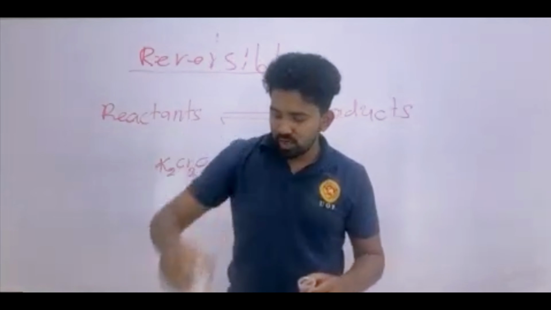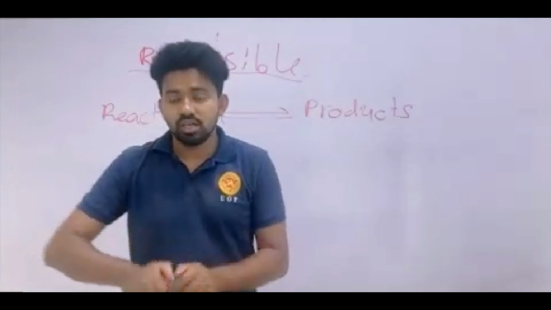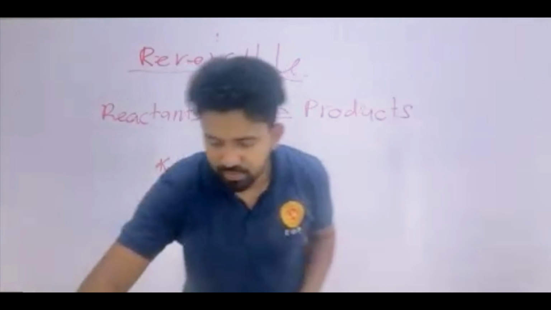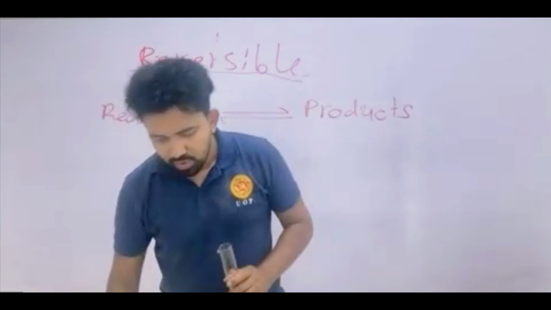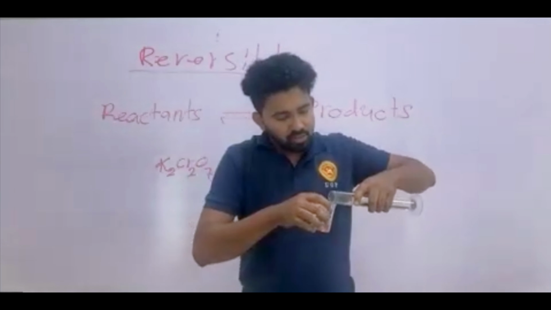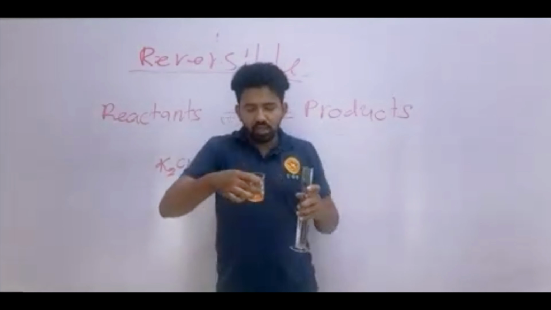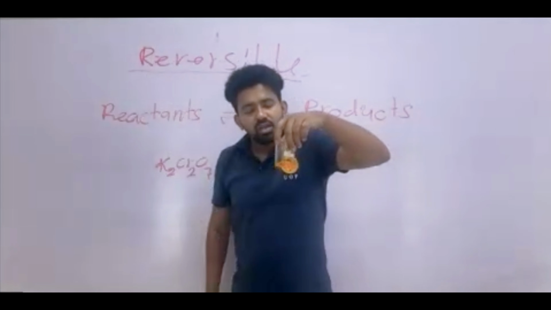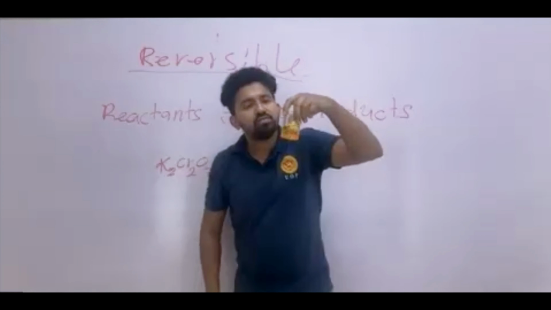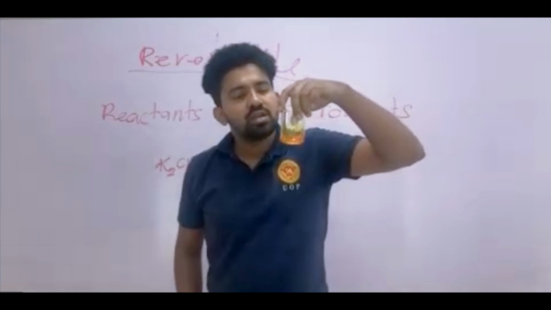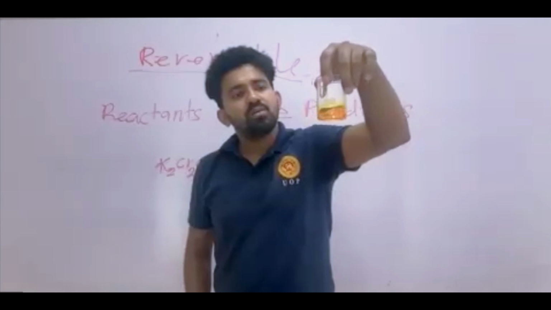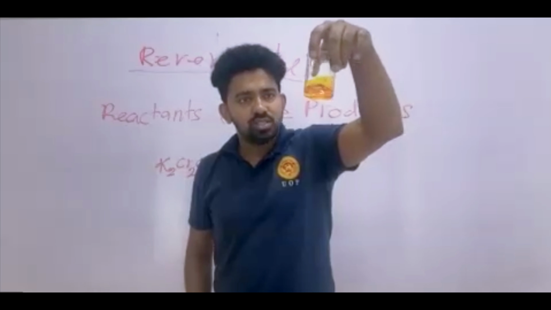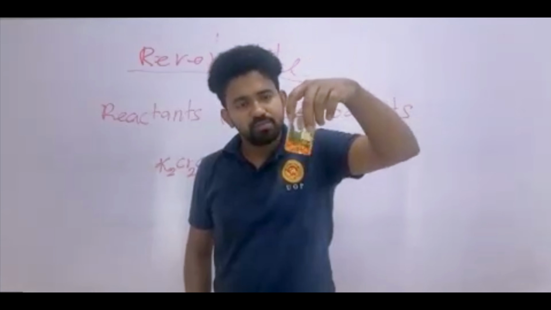Now you can see that it is orange in color, and I'll use a small amount of H2O to dissolve it. Now you can observe the color. I'll use some mechanical force to dissolve it. You can see that it is orange in color.